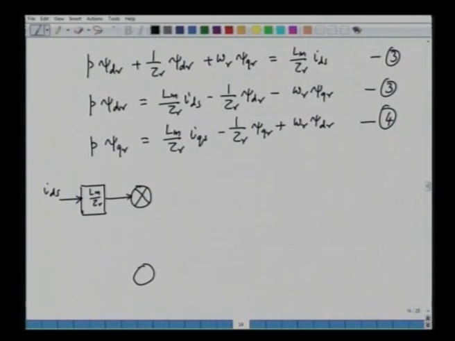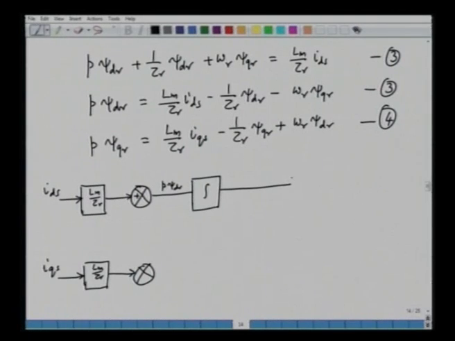Similarly, in the q axis we have again another summer. This is Lm by tau r, and this is IQS. So this is plus, and then what we obtain out of this is P psi dr, and we use an integrator here, and what we obtain here is psi dr.